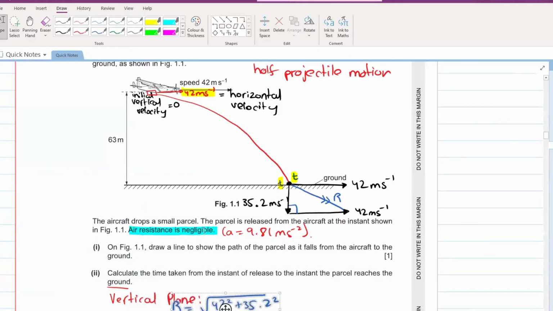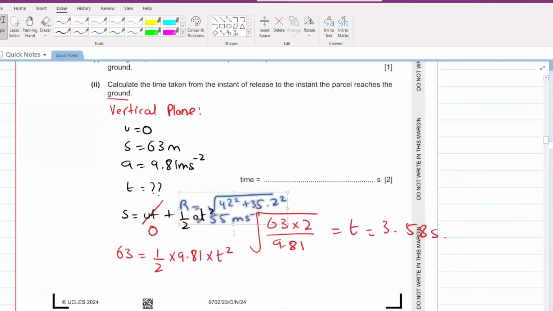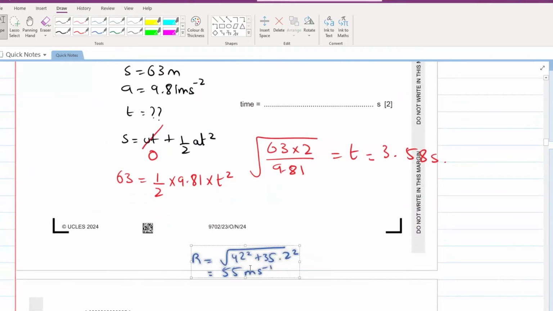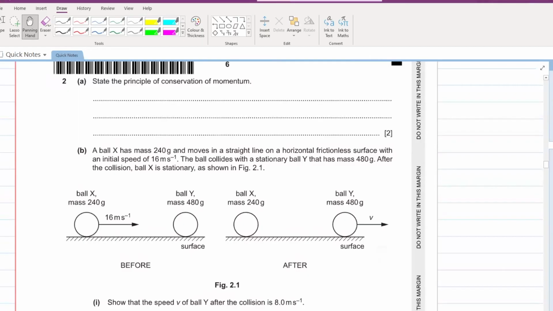Any complications here? Any questions that you want to ask in this entire question? State the principle of conservation of momentum. What is the principle of conservation of momentum? The total momentum of a system is constant, given that no external forces act on the system.